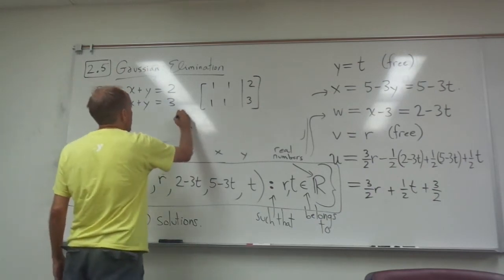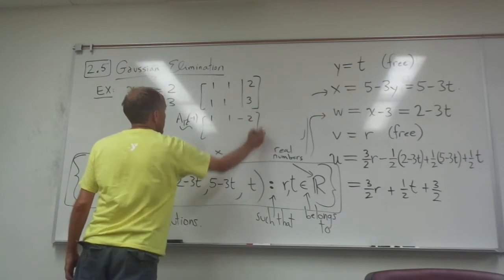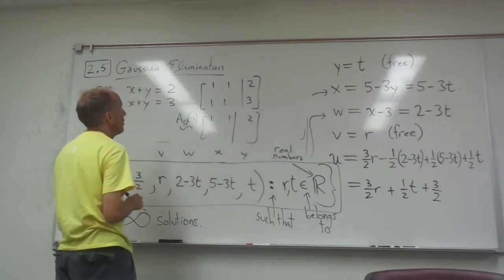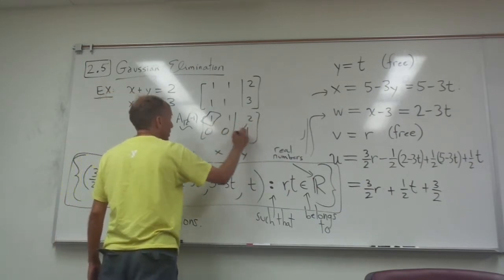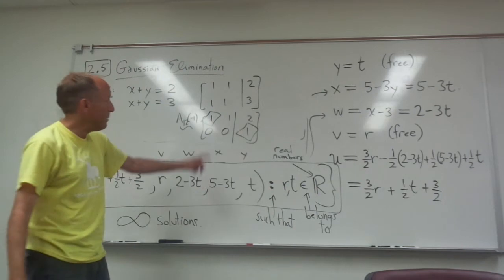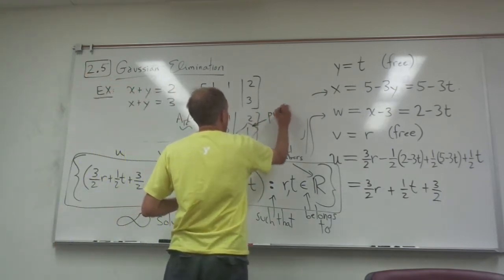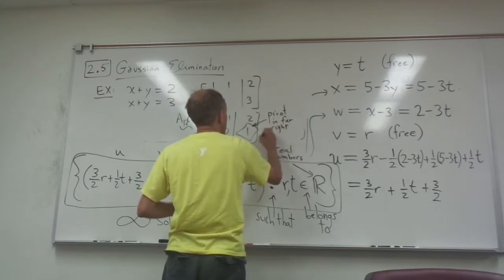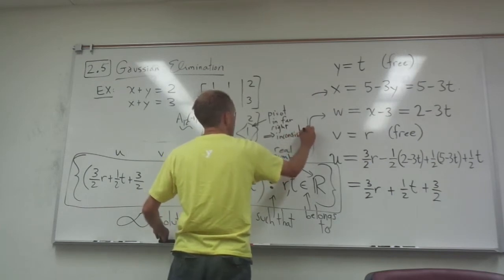And we could just do a row operation of -1 on that. So in other words, we would just take the negative of the first row and add it to the second row. And this is what we would end up with: a pivot in the far right column. And that means when that happens, your system is inconsistent.